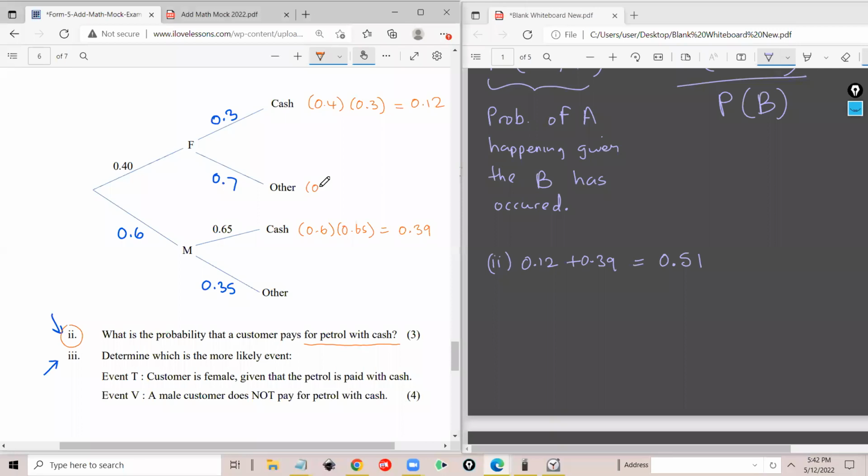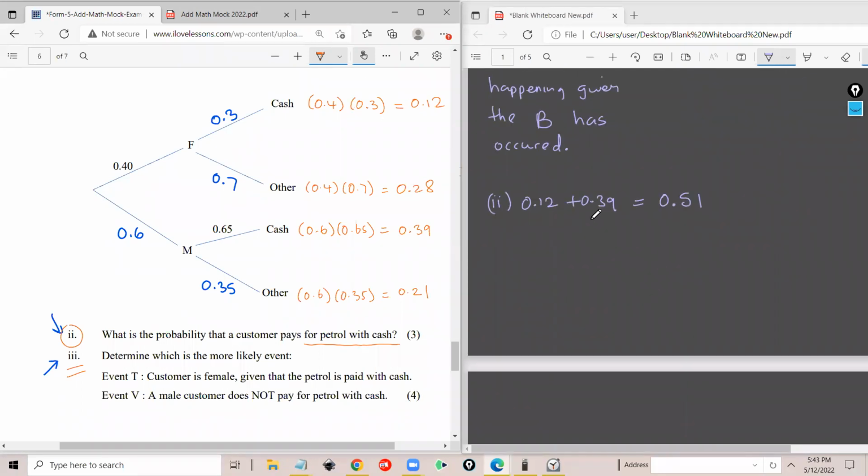It will be 0.4 by 0.7, which is 0.28, and being a male and paying by some other method is 0.6 multiplied by 0.35, which is 0.21, right? Now, I haven't started to answer part 3 as yet. I was just getting all the other probabilities, just in case we need them, all right?